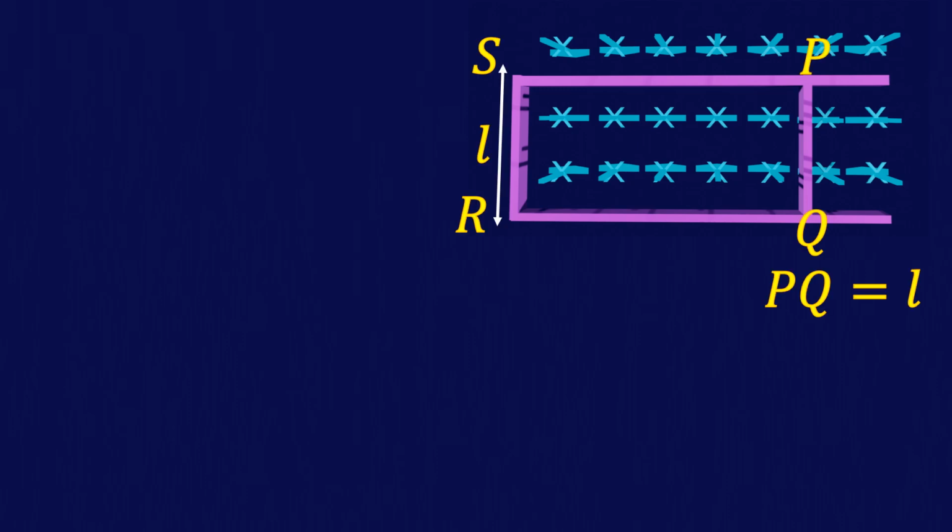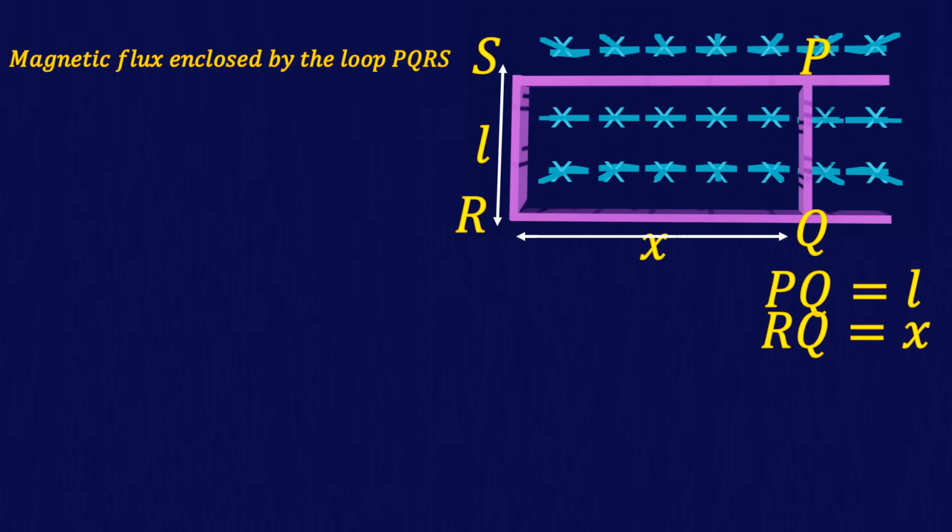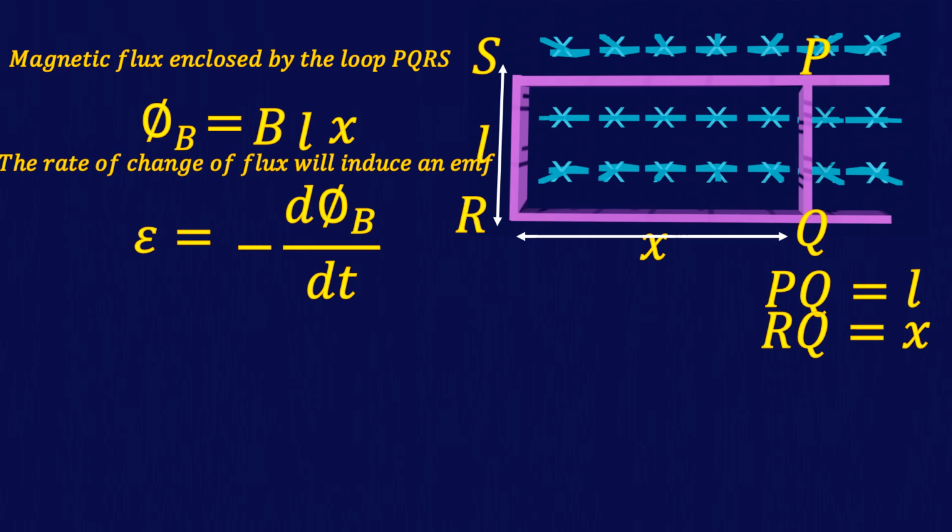PQ is equal to SR is equal to L and RQ is equal to x. Next we find the magnetic flux enclosed by the loop PQRS. That is, magnetic flux is equal to B into L into x.